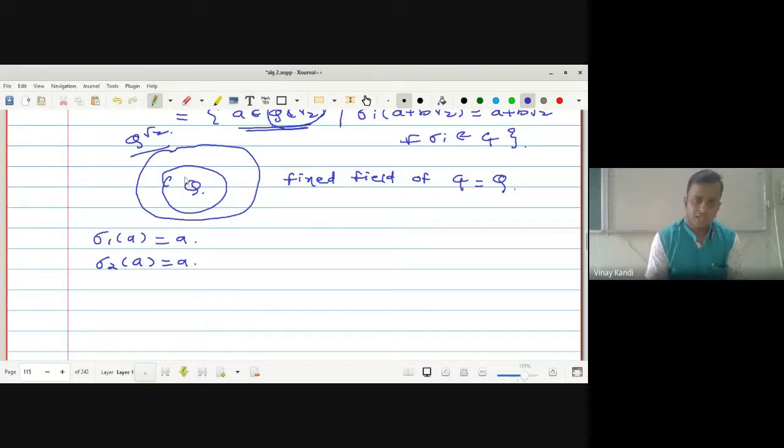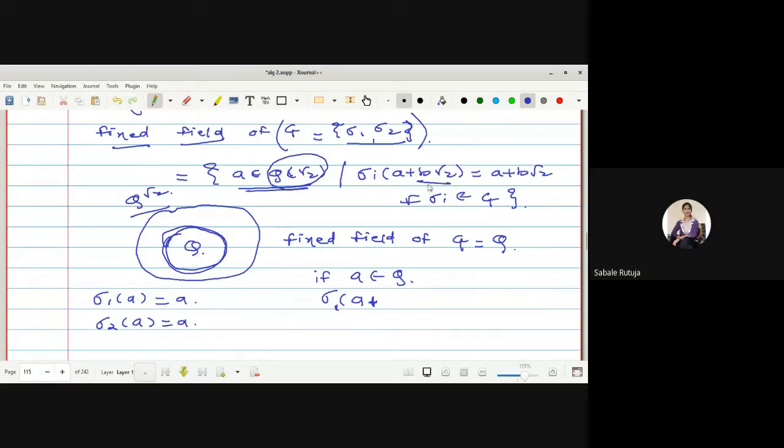Now take an element from this field Q. We get what? If A belongs to Q, then sigma 1 of A. What will be the nature? Your b part will be 0, right? Okay, b won't be there in that case. Yes, sir.